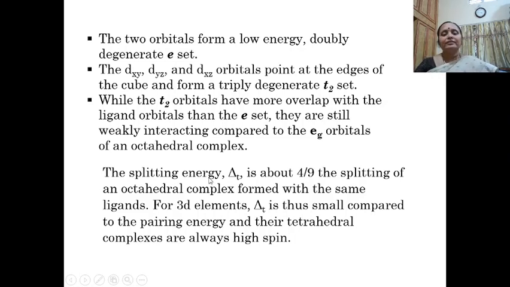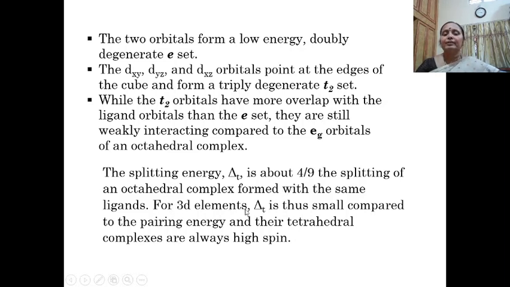The splitting energy in tetrahedral symmetry is represented as delta T, and it is about 4/9 of the splitting of an octahedral complex formed with the same ligands.